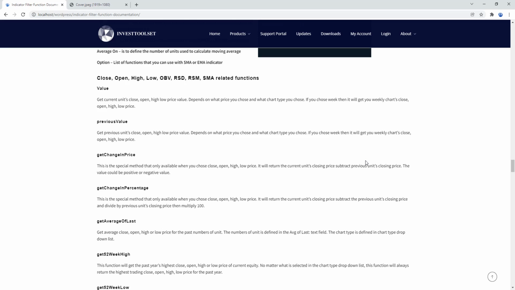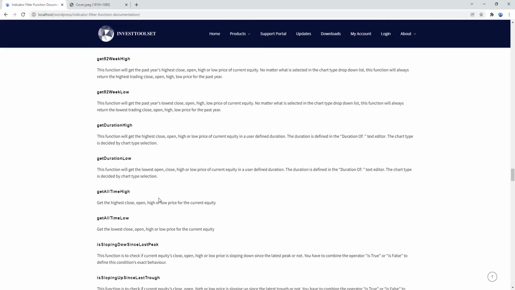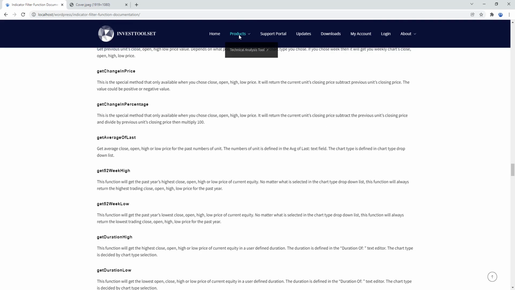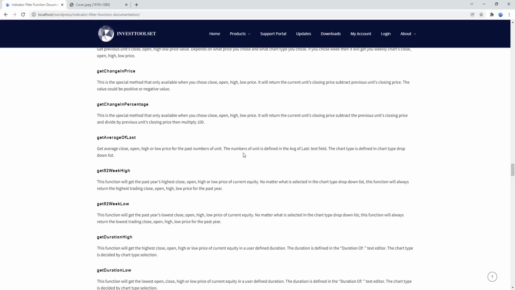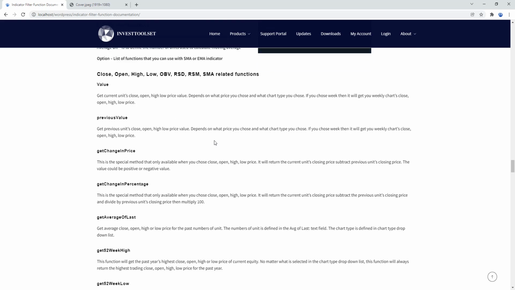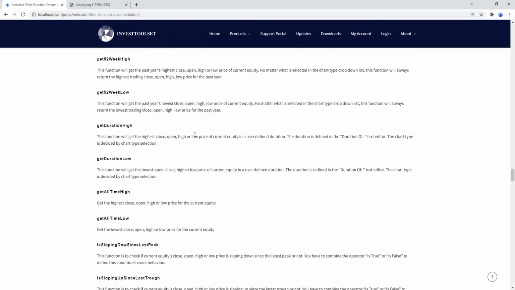If you have questions regarding some of the functions, like the ones I showed you here, you can always go back to the documentation page on our website. You go into our indicator filter function documentation page, find the correct sections, and read those descriptions. I think it can answer most of your questions.